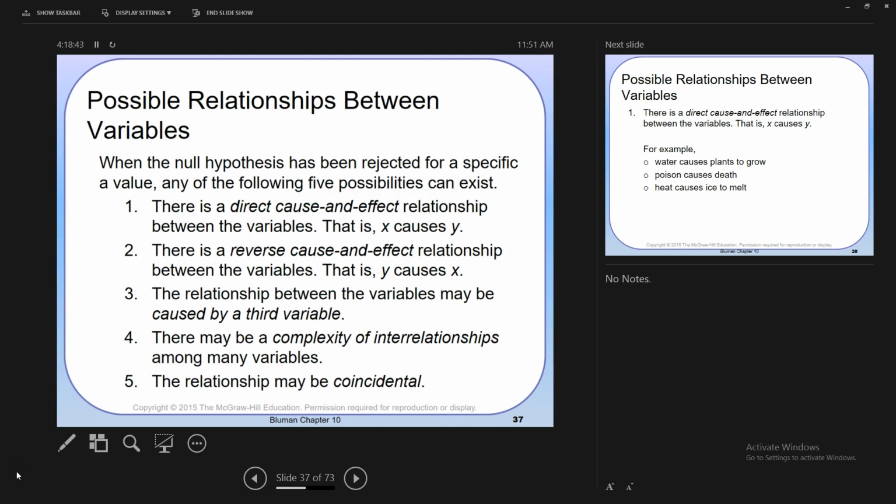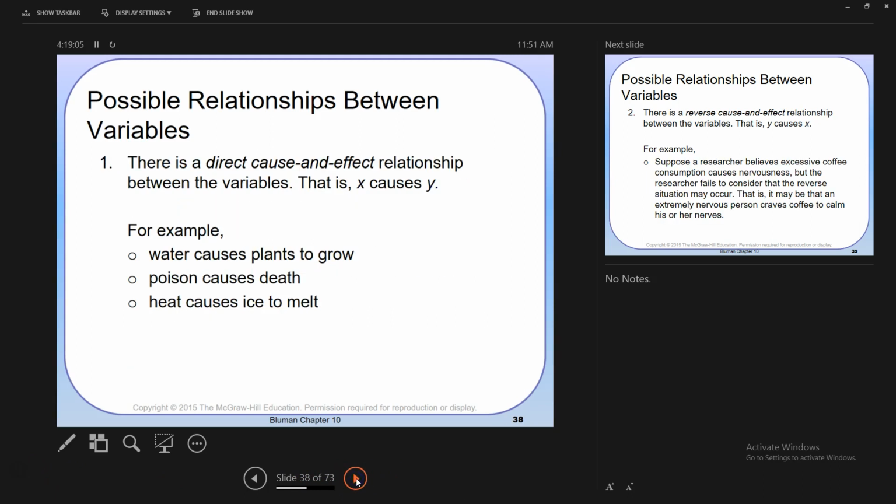The other thing is that the relationship between the variables might be caused by a third variable. So there might be something else that you don't know of that's causing this relationship to occur. And in a lot of real life cases, there's a complexity of interrelationships, many things that are going on. And then the last thing is that the relationship might just be a coincidence.